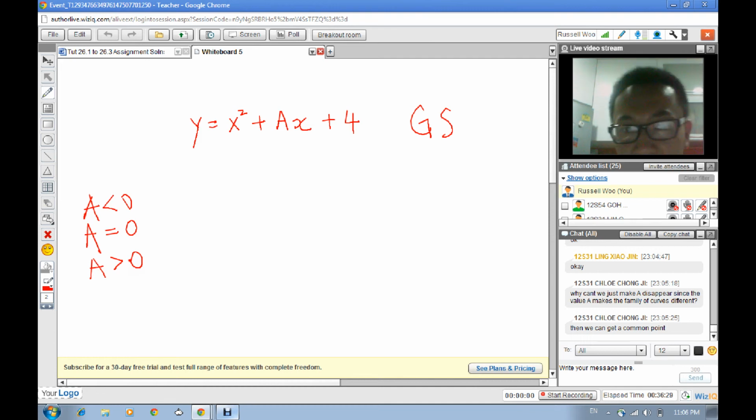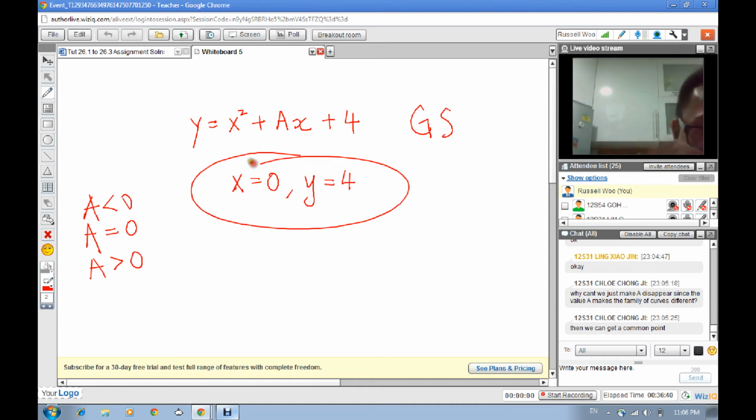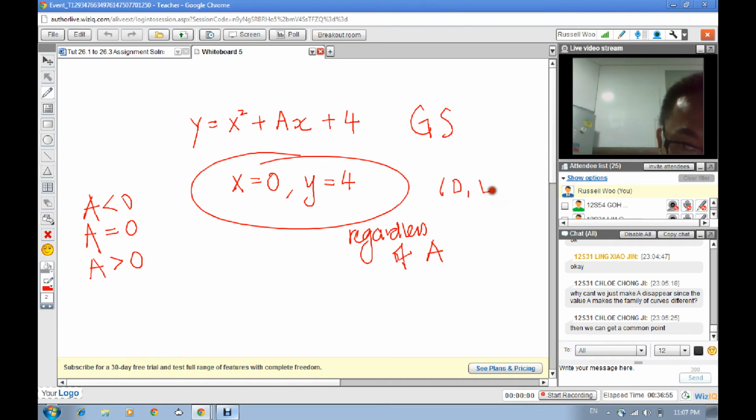No matter what the value of a is, when x equals 0, y must equal 4. This is always true regardless of a. So therefore (0, 4) is a common point.